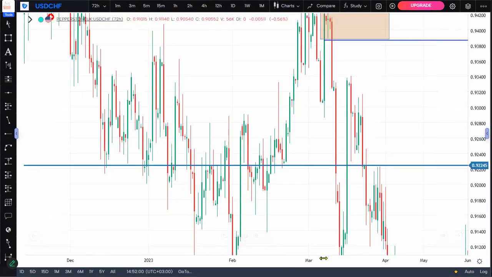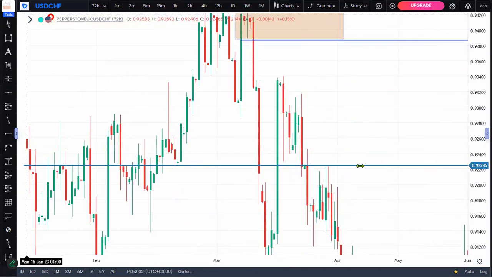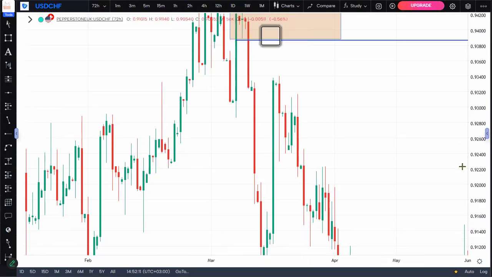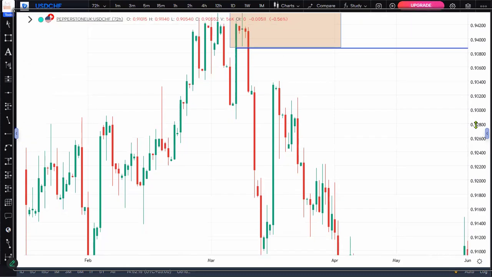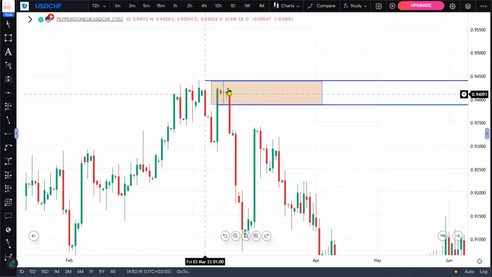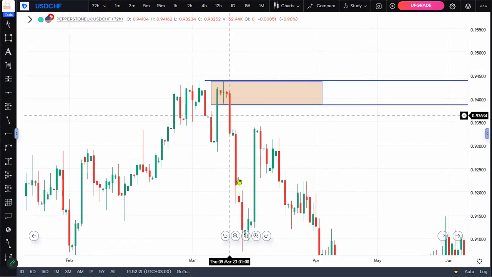And this is a zone that has pushed the price away. You can see some indecisive candles, then explosive to the downside.